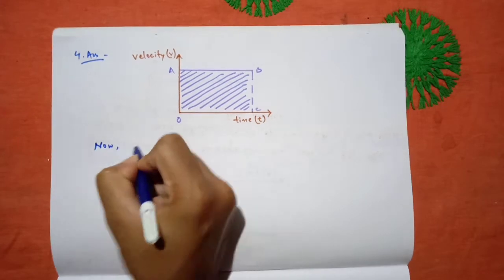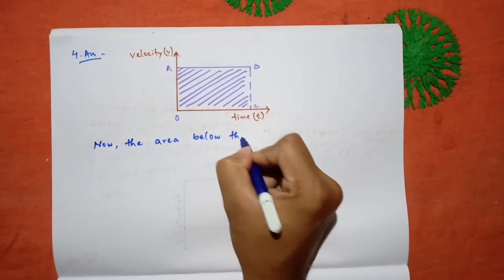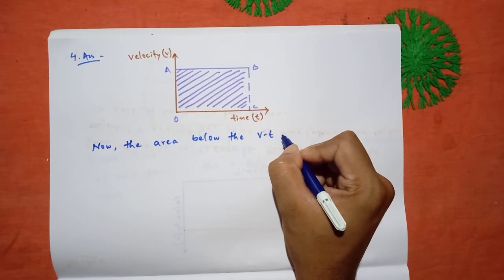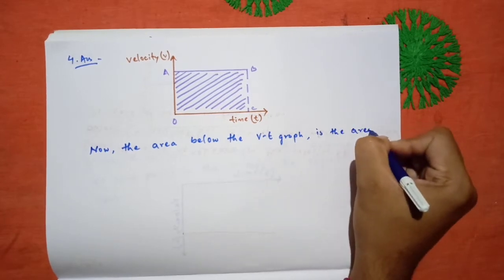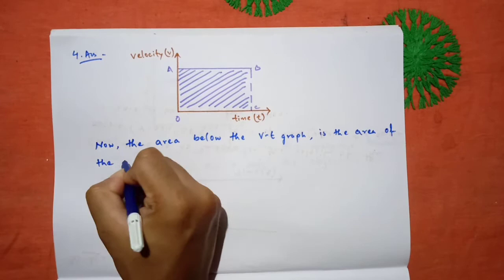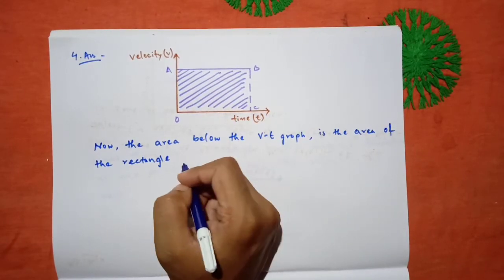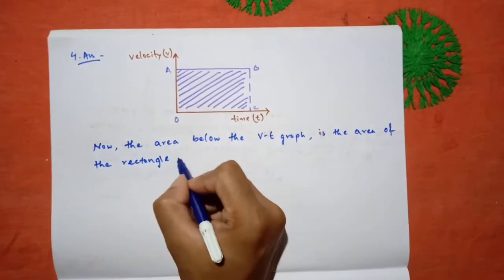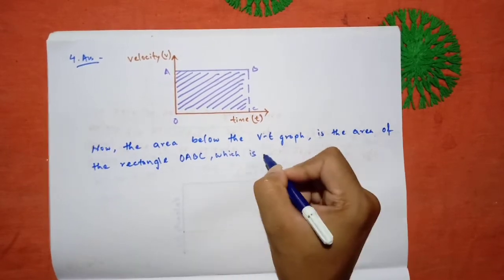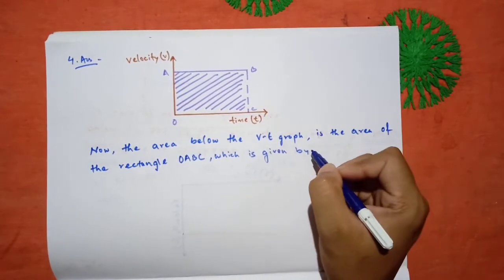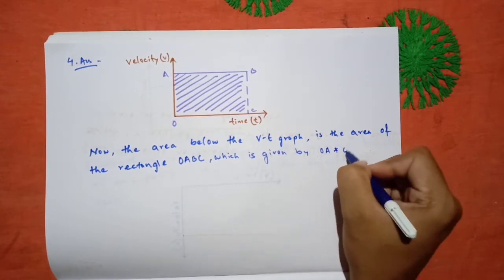Now we have to find out the area. The area below the velocity time graph is the area of the rectangle OABC, which is given by length into breadth, which is OA multiplied by OC.